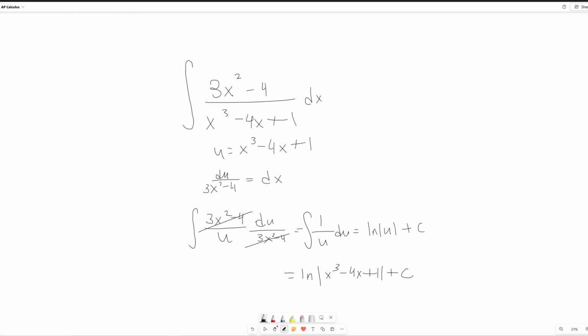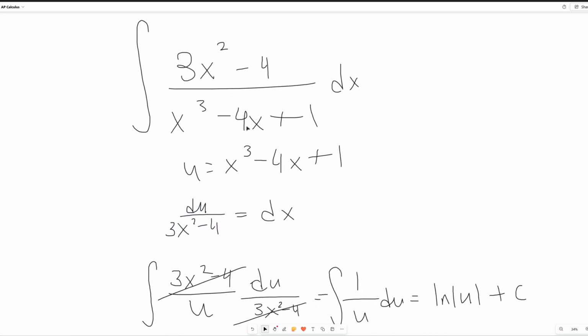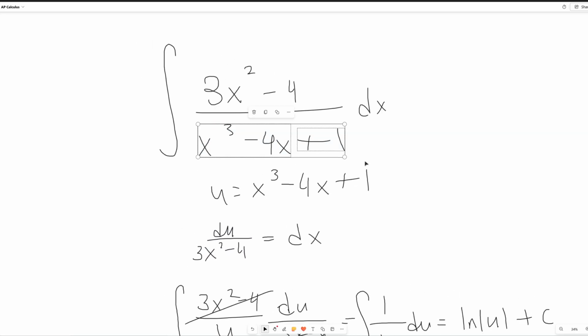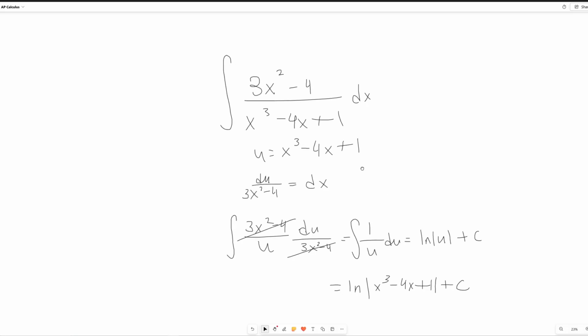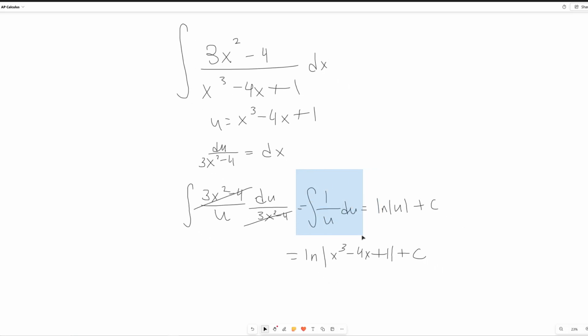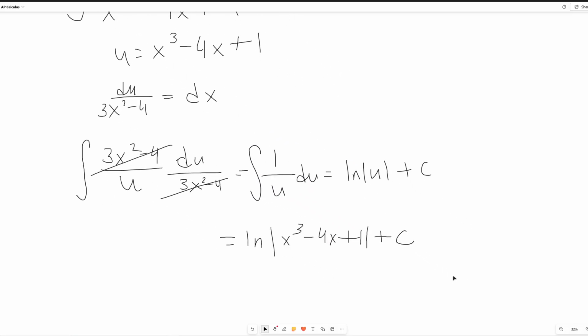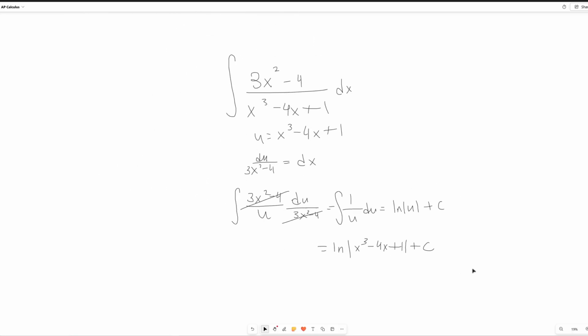I did that quite quickly, but it's the same principle. You have a big, ugly function, which you can just set as a u variable, and then eventually it will end up canceling out something else in the function, making it possible to integrate. And then you can put it into here.